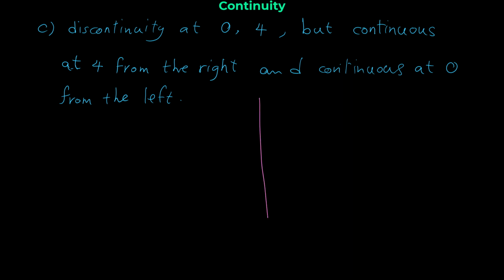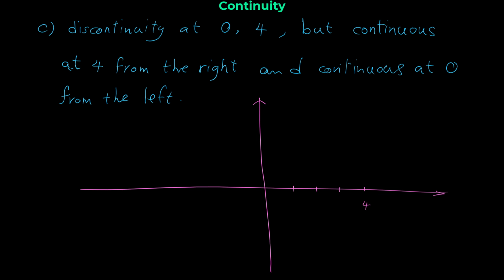Let me again draw x and y axis. The problem is at 0 and at 4. 1, 2, 3, 4. Let's start with point 4. We have to have a discontinuity at 4, but we have to graph something that shows continuity from the right.